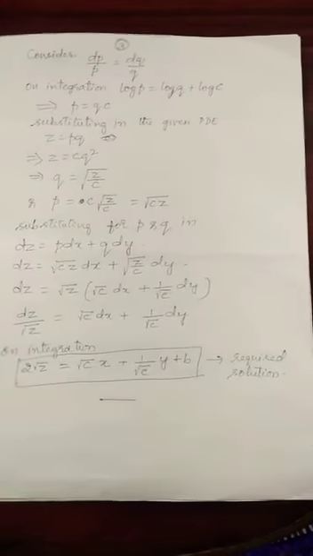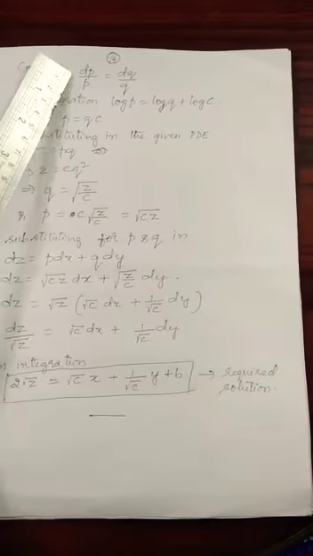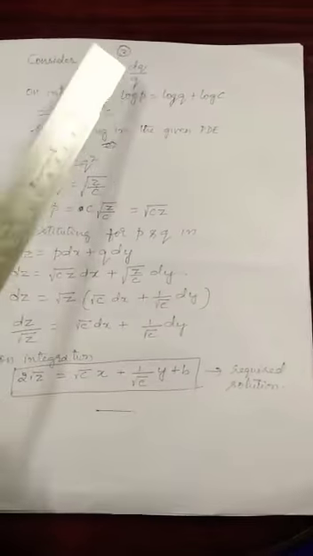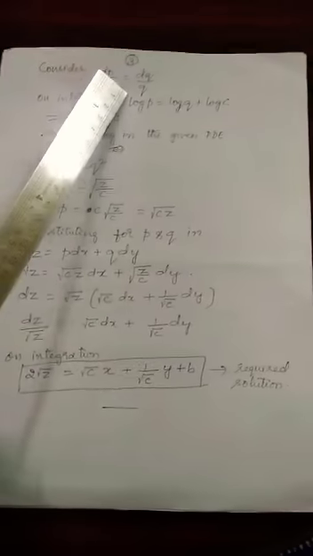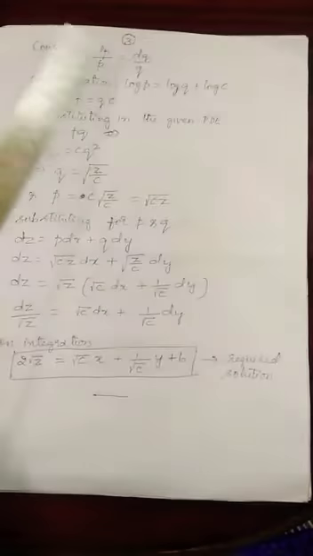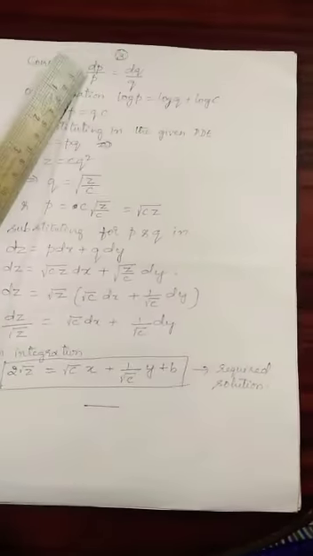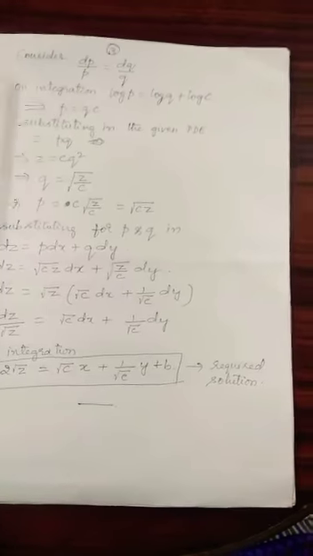Now in this you consider the proportionals dp by p and dq by q. These are the only terms you have to take to solve for p and q.